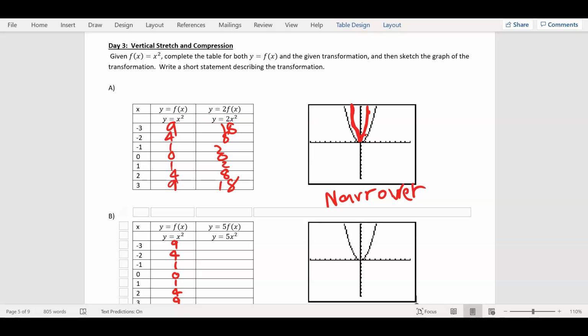Control T. Hit Control T. Okay. Escape. Control T. Should work.